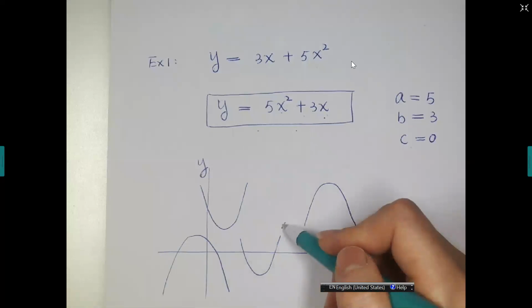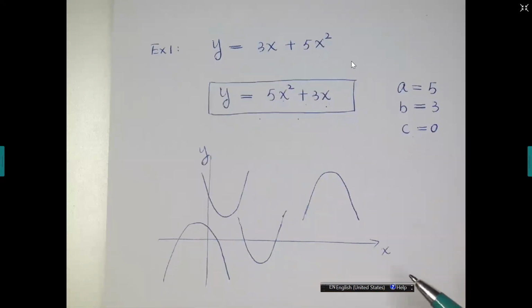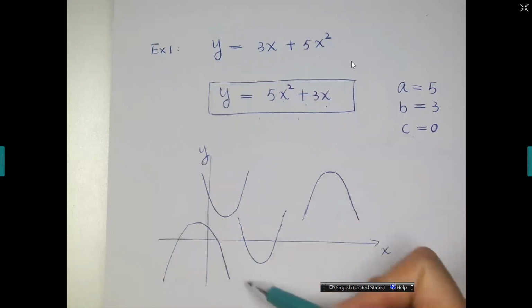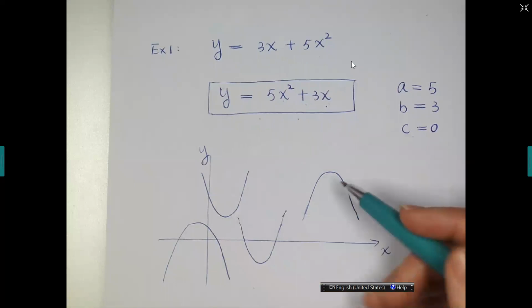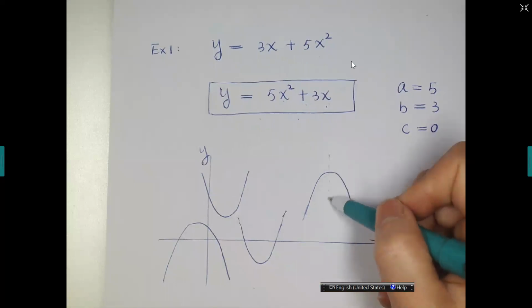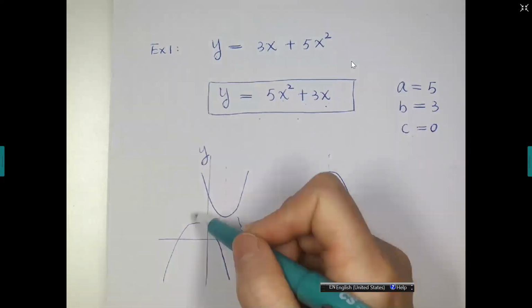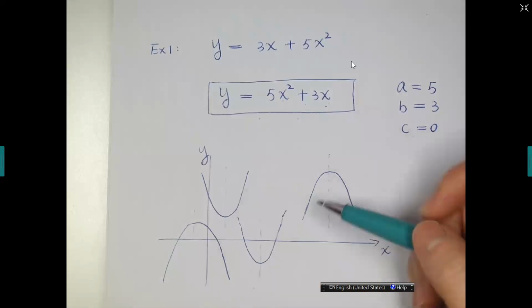For this kind of curve, we'll see they're pretty special, right? They either open up or open down. And all of them are symmetric, which means if we fold them through the middle, the left side and the right side match. So they are all symmetric about a line.